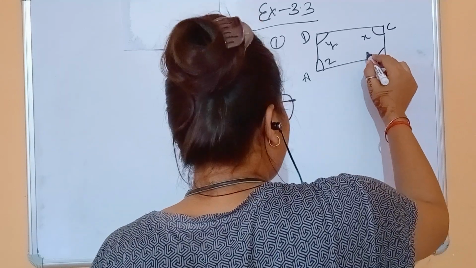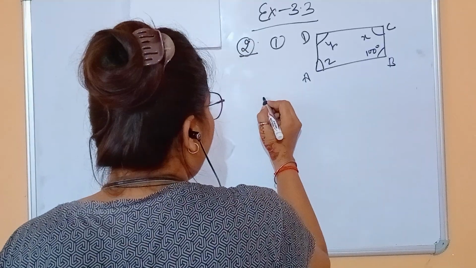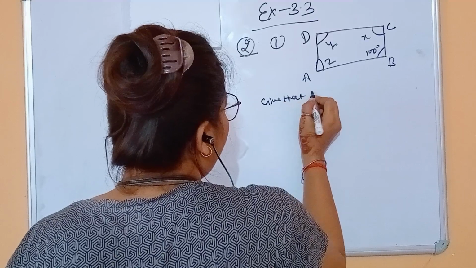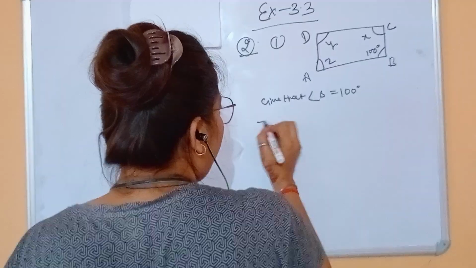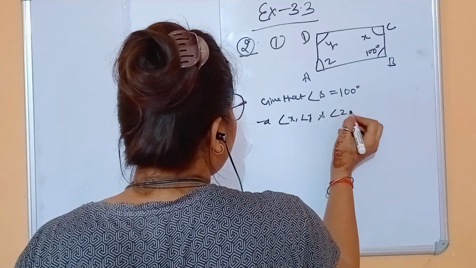Only one angle is given, that is 100 degree. Given that angle B is equal to 100 degree, find angle x, y and angle z.